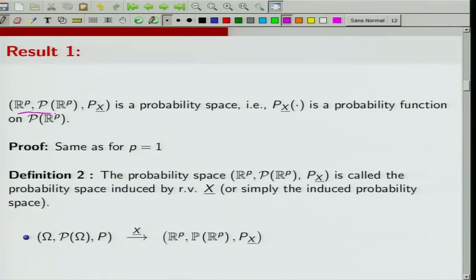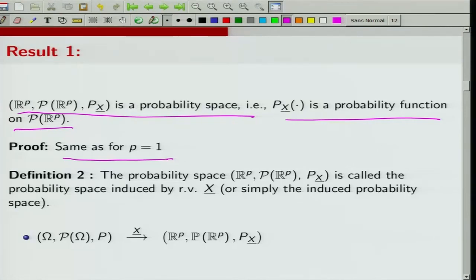(Rp, P(Rp), PX) is a probability space, that is, PX is a probability function on P(Rp). The proof is exactly the same as the one for p equal to 1, so I will not give the proof here; you can simply construct a proof on the same lines as for p equal to 1.